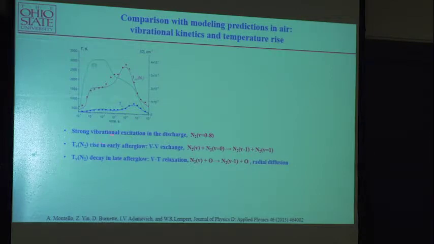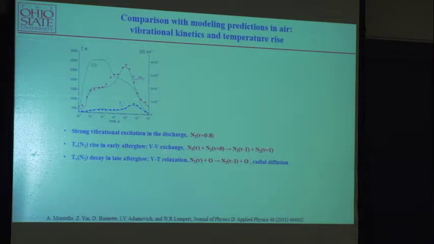What they concluded is that there is a strong vibrational excitation, particularly for nitrogen, with vibrational number from 0 to 8. And there is an early afterglow where you have vibrational-to-vibrational energy exchange, so the vibrational high level becomes lower level and the lower becomes high level.